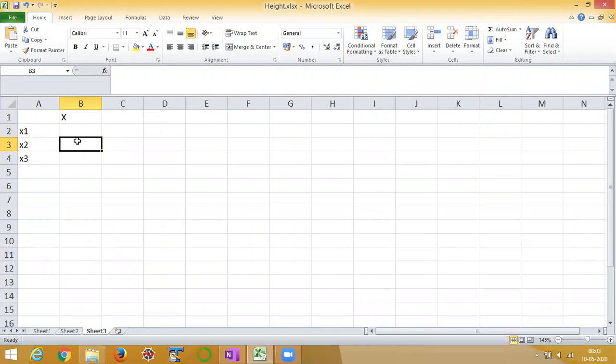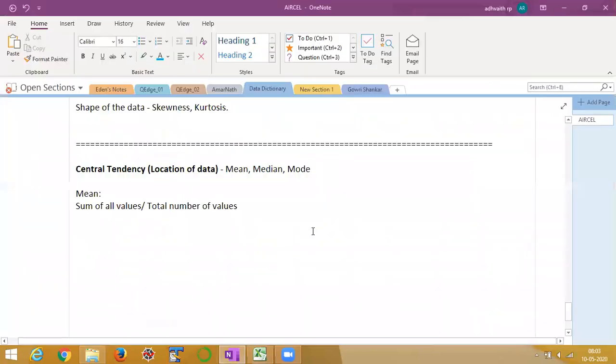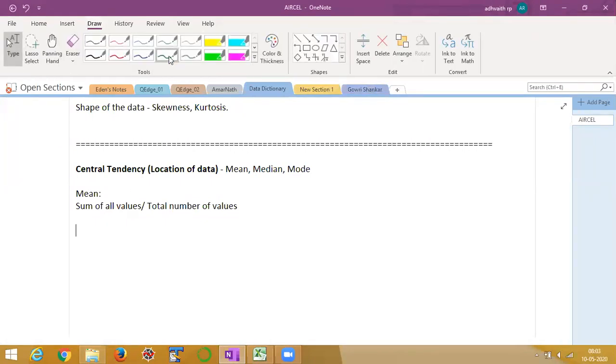Here, let's say I have the values 1, 2, 3. These are the values of some respective data. So how are we going to calculate? As I said, sum of all values. In terminology, I'm talking about summation.